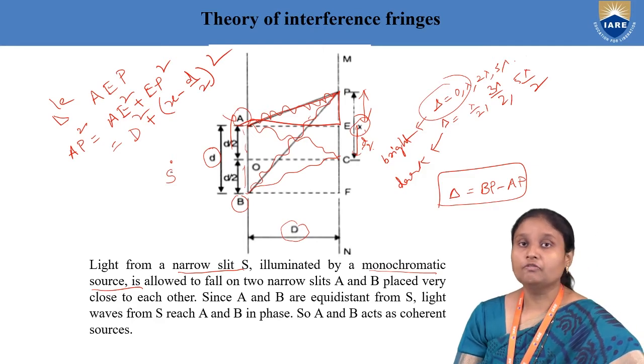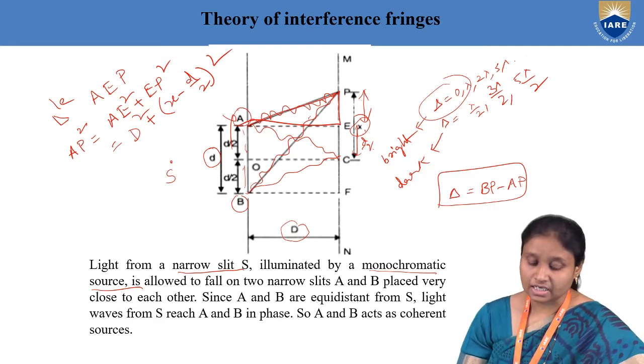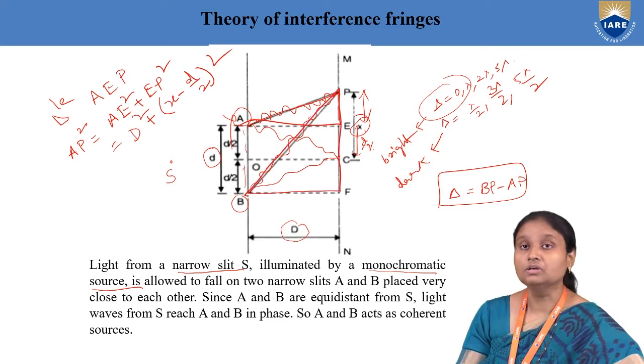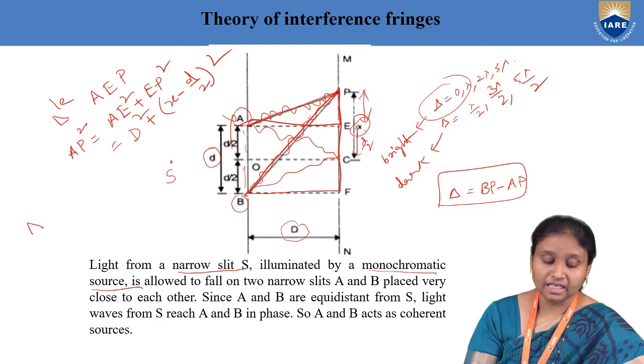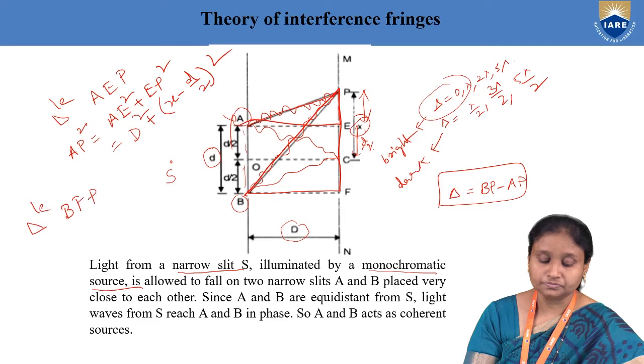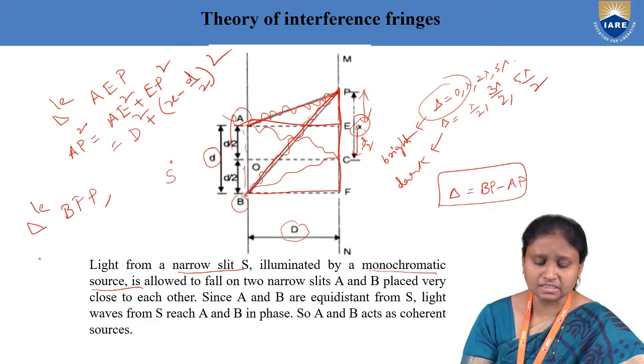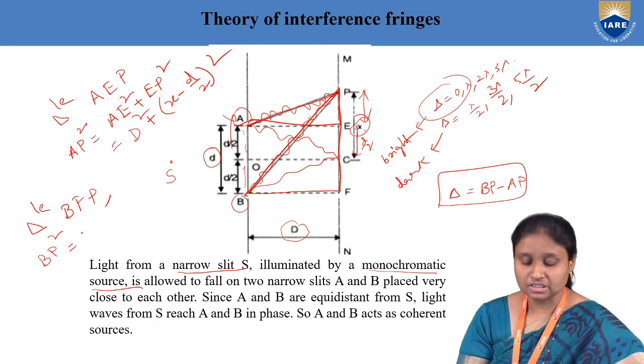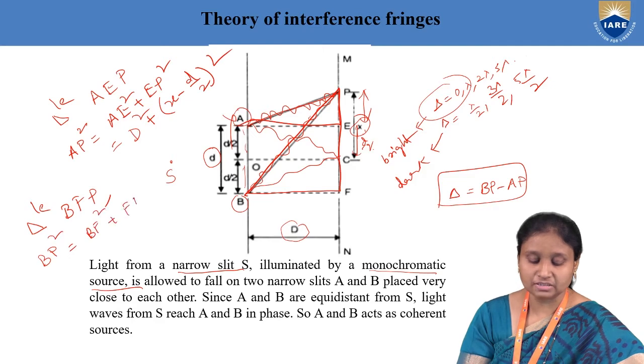Now I'm making use of one more right angle triangle. In this case, my right angle triangle is BFP. This is the triangle which I'm taking into consideration. If I take this right angle triangle BFP, then BP square, the square of our hypotenuse, is equal to BF square plus FP square.